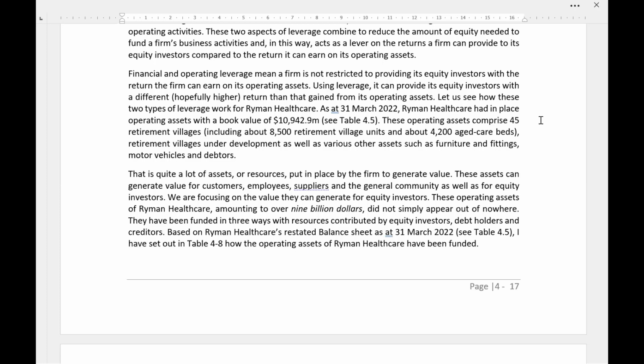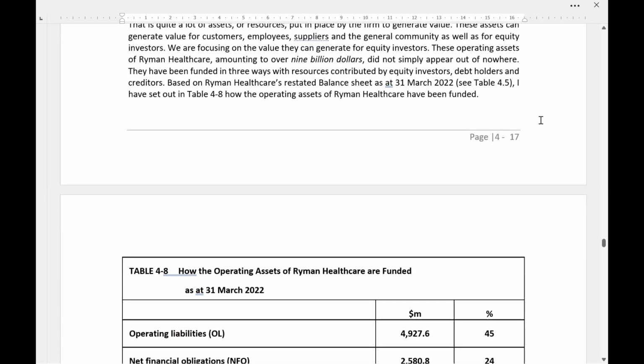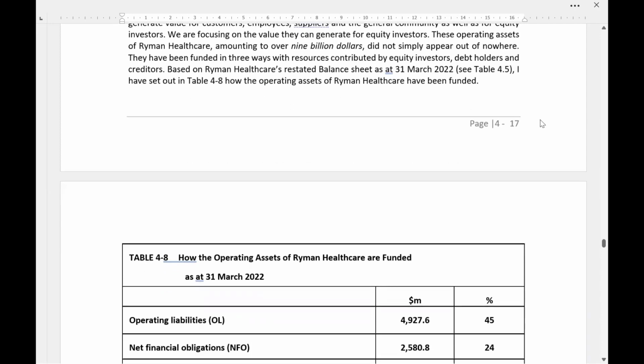They have been funded in three ways, with resources contributed by equity investors, debt holders, and creditors. Based on Ryman Healthcare's restated balance sheet as at 31 March 2022, see Table 4.5, I've set out in Table 4.8 how the operating assets of Ryman Healthcare have been funded.